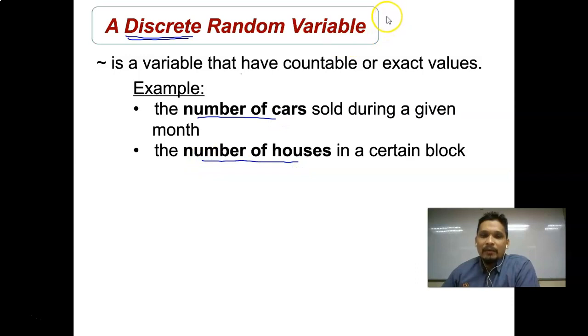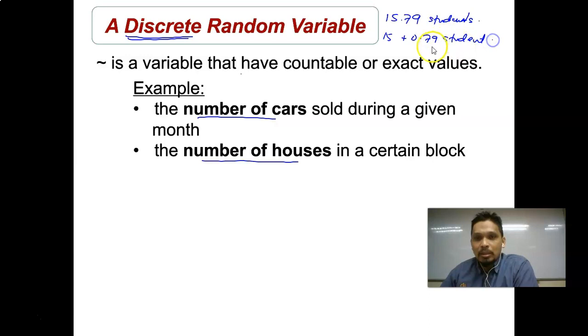Let's say if I have 15.79 students in my class, 15 students is reasonable, but what about 0.79 student? Even though one of my students might have no leg or arm, we still consider him one person, not 0.79. So for the number of students, there is no decimal point.